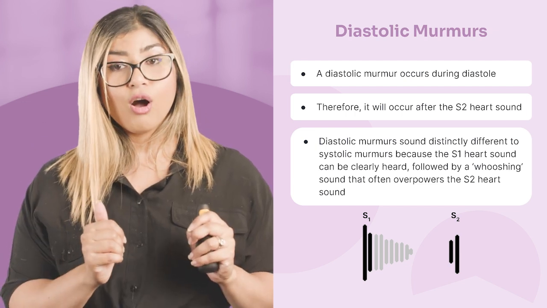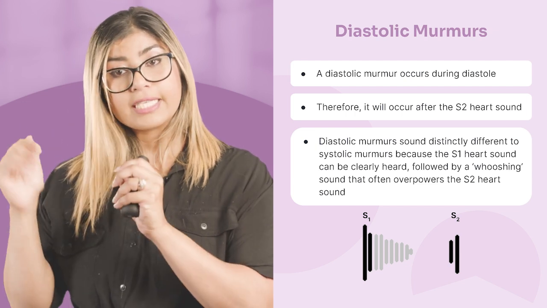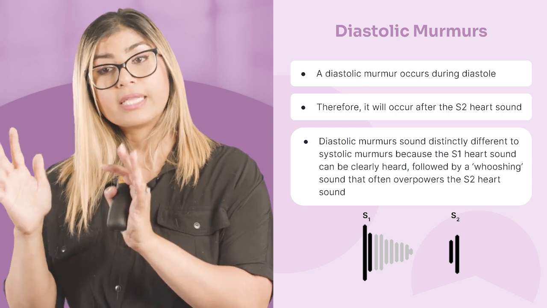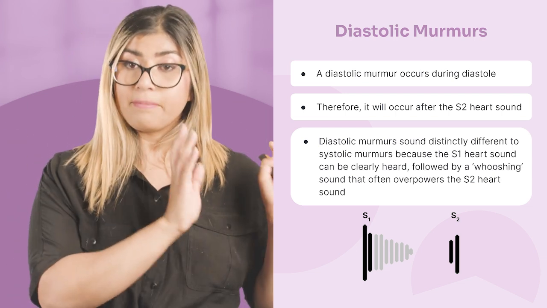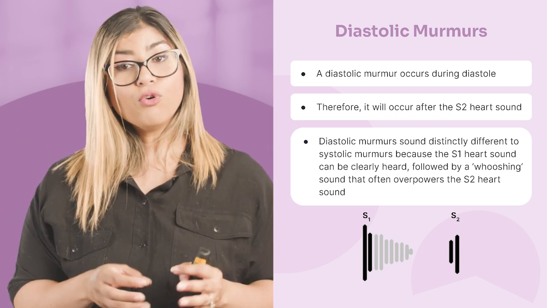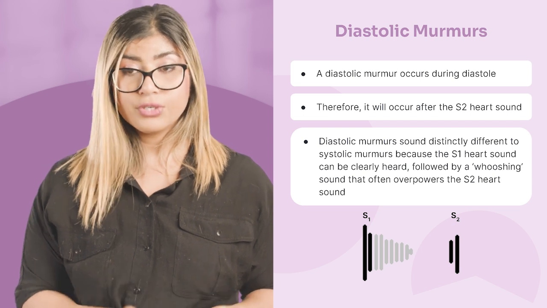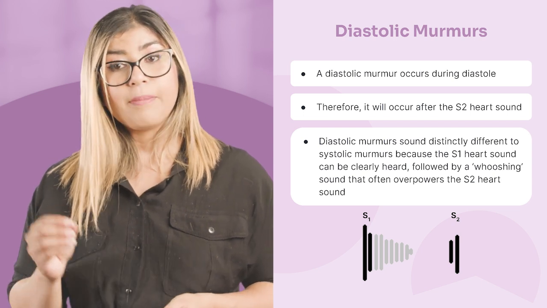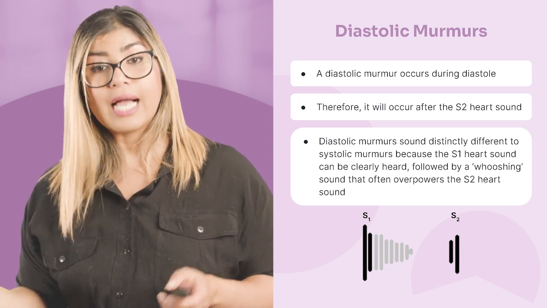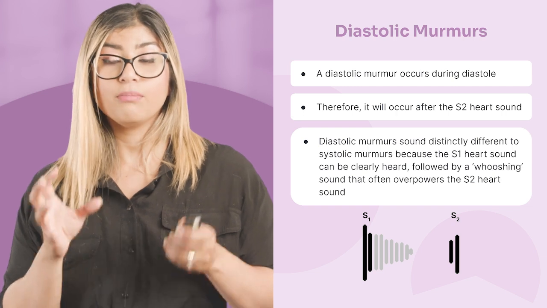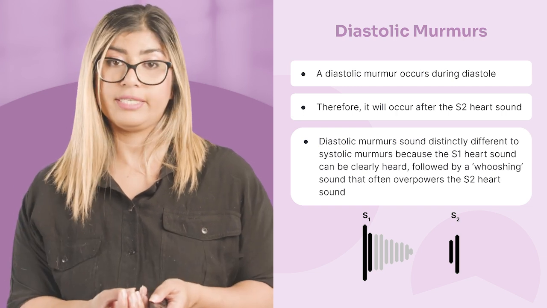And instead of the APS components, so AS and PS of Mr. Taps, we are thinking the opposite, AR and PR. Therefore, mitral and tricuspid stenosis or aortic and pulmonic regurgitation are the causes of diastolic murmurs when we talk about valvular heart disease.